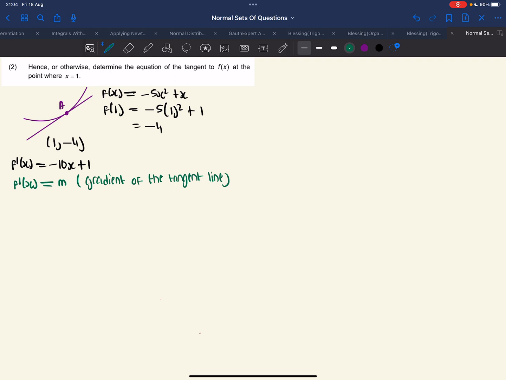So whenever you do f prime of x, we're trying to find the gradient m of the tangent line at a point of x, or rather the x coordinate.